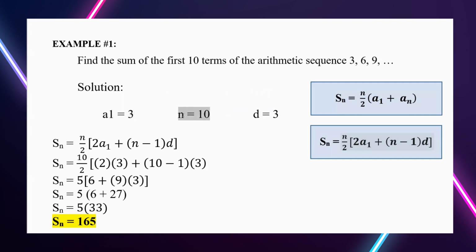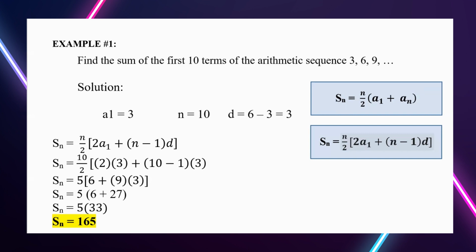Ang ating n naman ay 10 dahil binanggit sa given natin na meron 10 terms of the arithmetic sequence. At meron tayong common difference na 3. Paano nangyari ang 3? We have 6, the second term minus the first term is equal to 3. Kaya ang common difference natin ay 3.